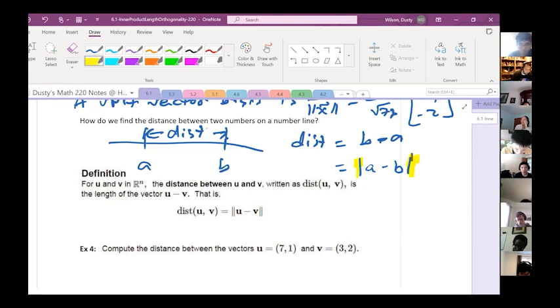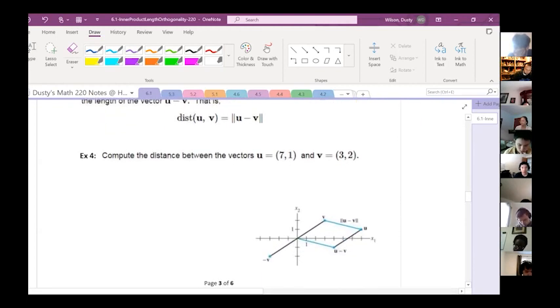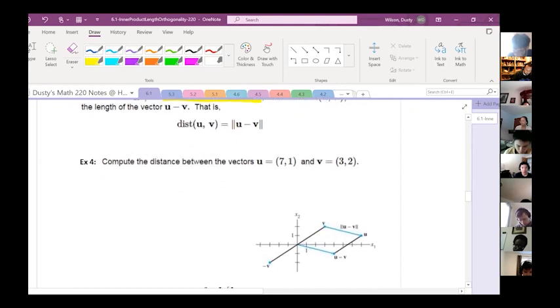More generally, if I have U and V in Rn, then we can talk about the distance between two vectors. I'm going to write that as the distance of U comma V, and it's just the length of the vector U minus V, or the norm of U minus V, or the magnitude of U minus V. Pretty straightforward in 2 dimensions.